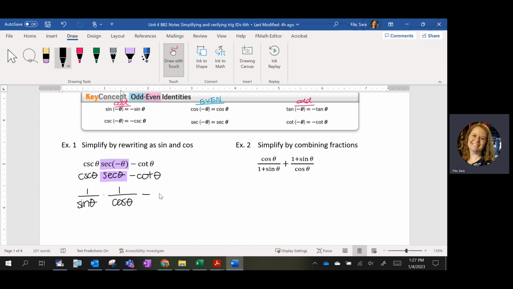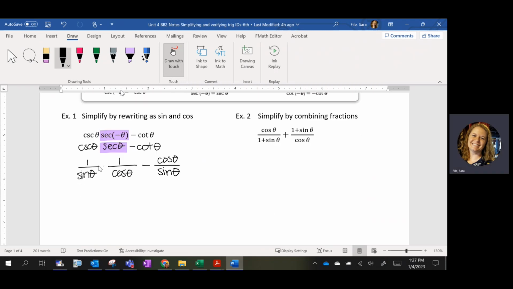And cotangent, that's the quotient identity, cosine over sine. All right, so I've got these two fractions multiplied. I can just write as 1 over sine cosine.